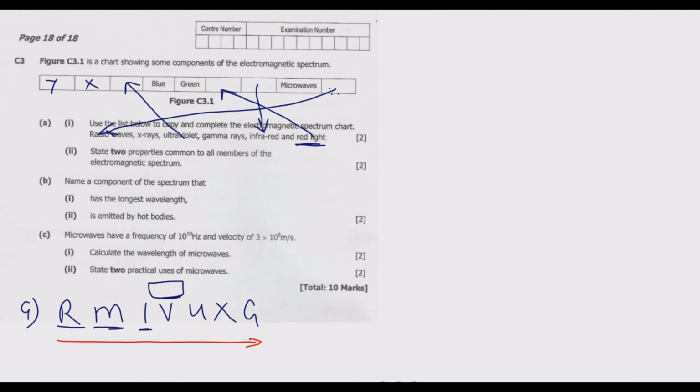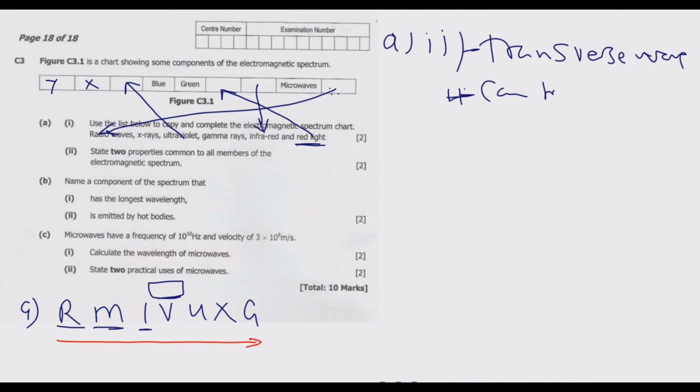State 2 properties common to all members of the electromagnetic spectrum, which is Roman numeral 2 of A. So what is common is basically they are all transverse waves. Number 2, they can all travel through the vacuum.